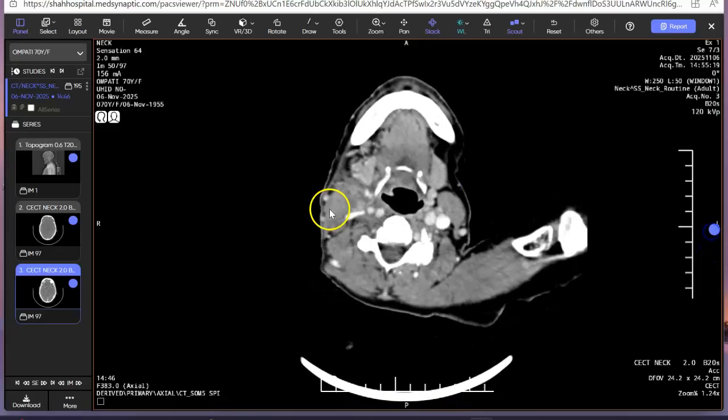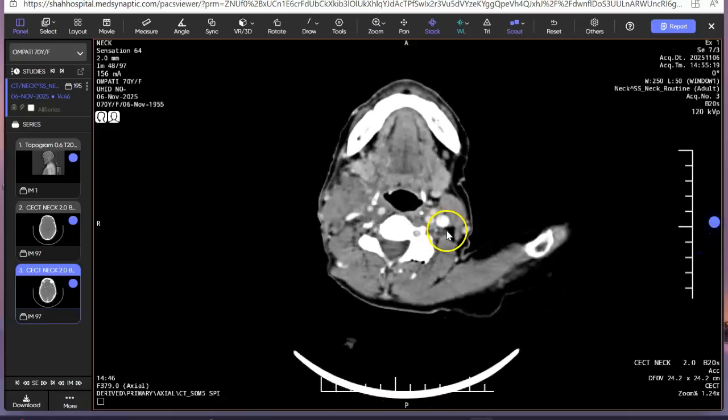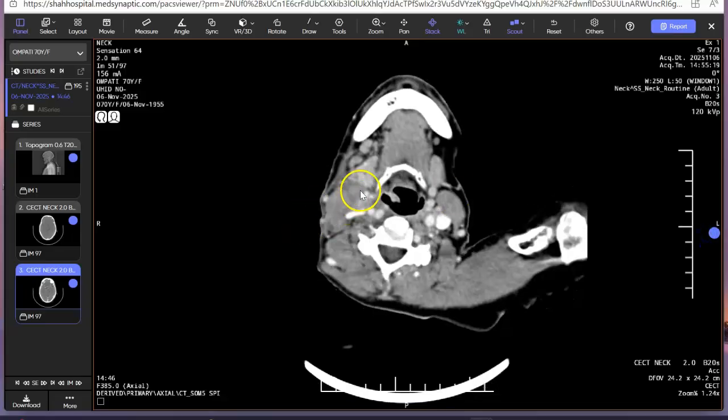So this is a weird kind of lymph node. You cannot appreciate the nodal margins here. It looks very ill defined. And on the right, these are almost normal subcentimetric lymph nodes. But on the left, neither can we appreciate the muscle nor any proper lymph nodal size. So what is it?